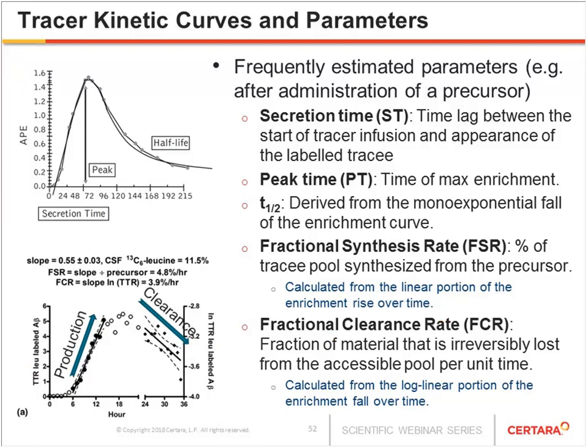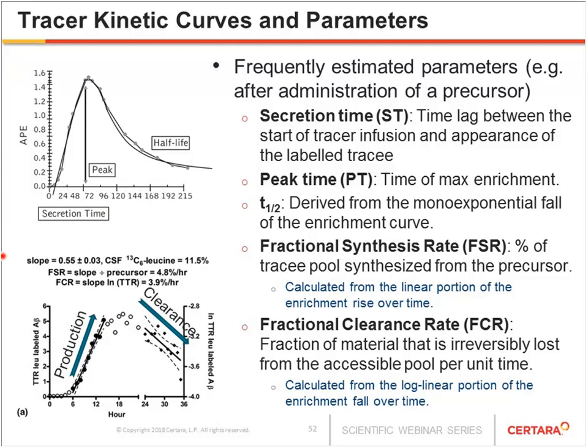Someone wants to know, do you see a case for applying the dual tracer approach in healthy volunteer studies? Yeah, that's an interesting question. In fact, the example I've shown in my slides comes from a healthy volunteer study. My personal view on that is the case for using the dual tracer approach.